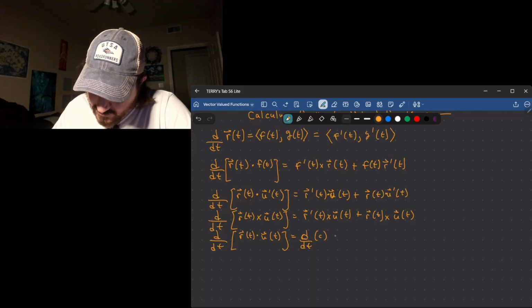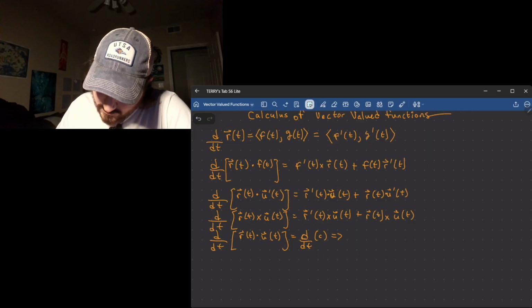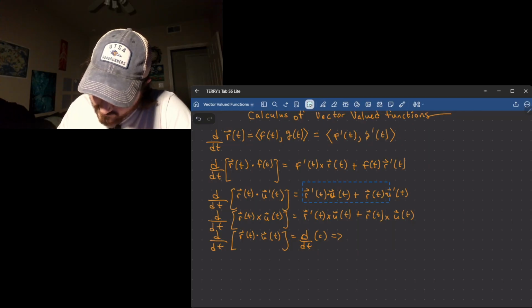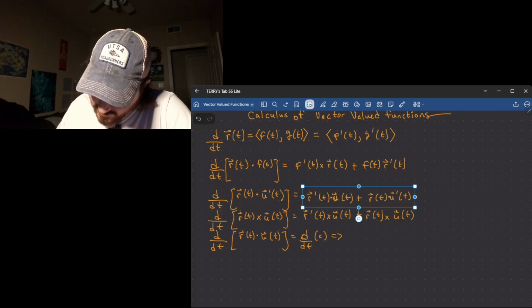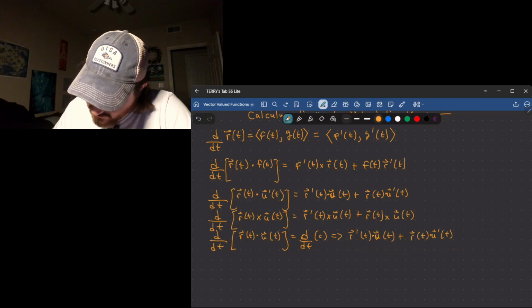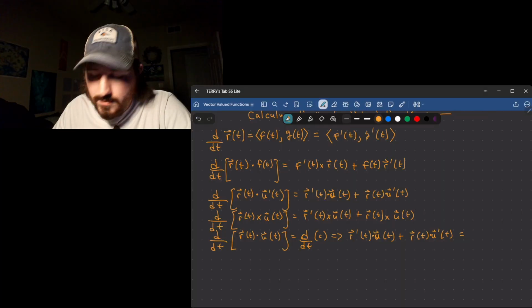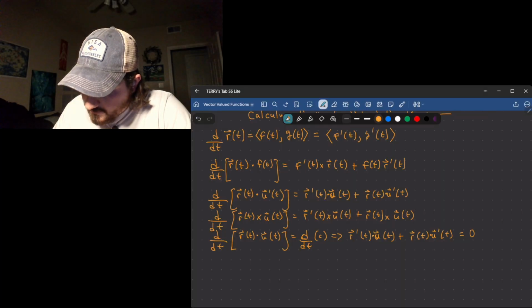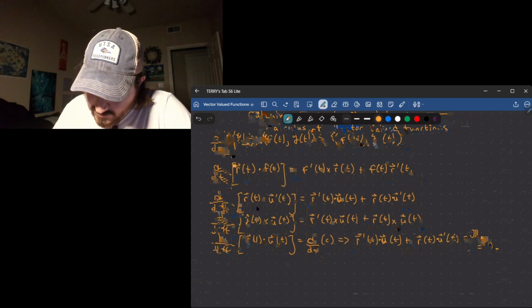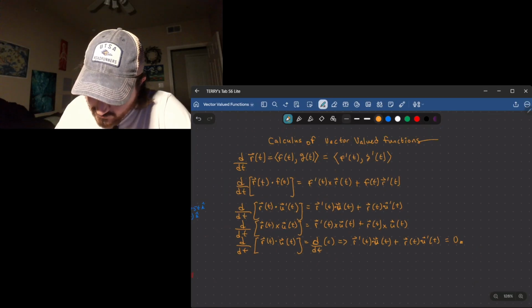Okay, so this means that we're going to have our just normal dot product rule here, right? So we've got this guy here. So I'm just going to copy and pull down so I don't have to rewrite it again. And then that is all going to equal, well, the derivative of c is just 0. So that equals 0 now. Okay, so those are all the important formulas from the textbook.